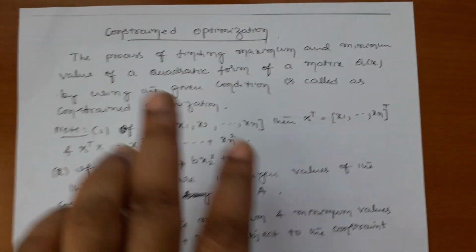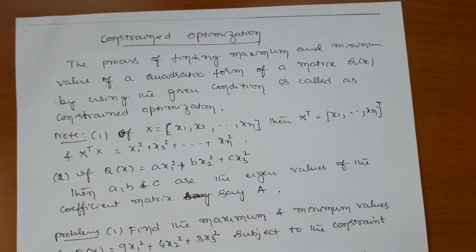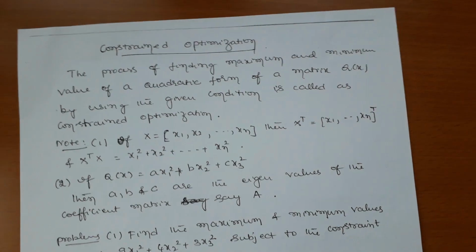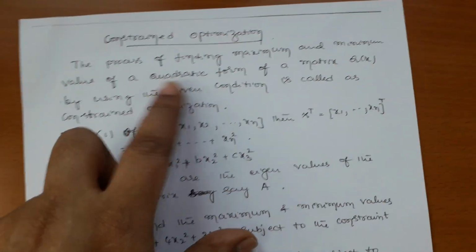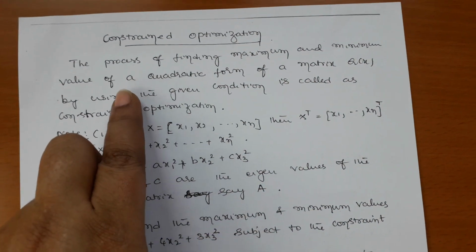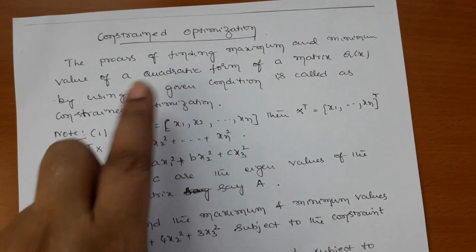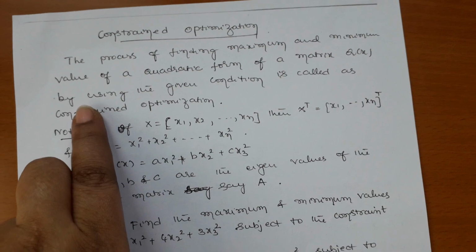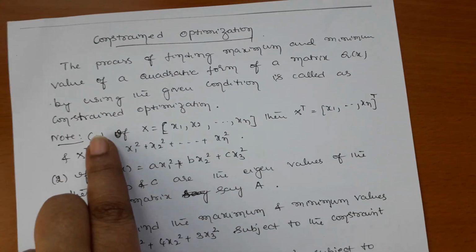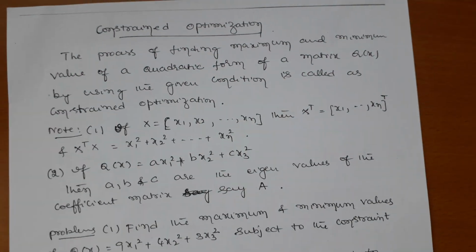That is constraint optimization. Here we are finding constraint optimization based on the quadratic form. The process of finding the maximum and minimum value of the quadratic form of the matrix Q of x by using the given condition is called constraint optimization.